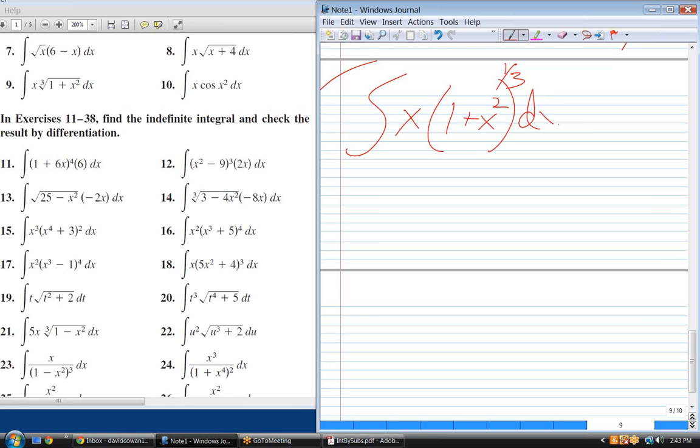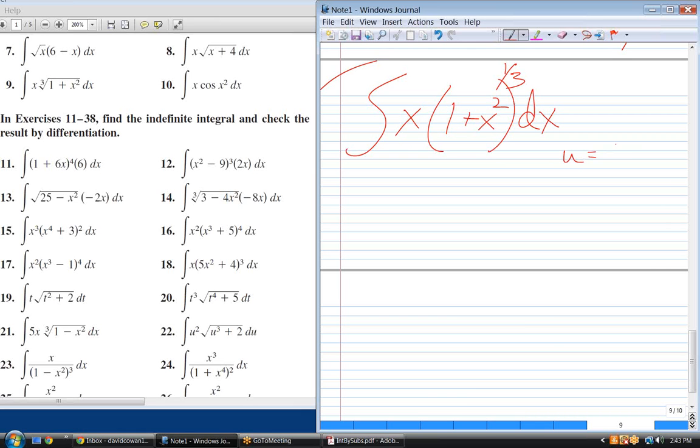The inside. So, this fits u substitution of the first kind, right? Because the derivative of the inside is going to eliminate this x. So, you take it from the get-go. U is equal to what?